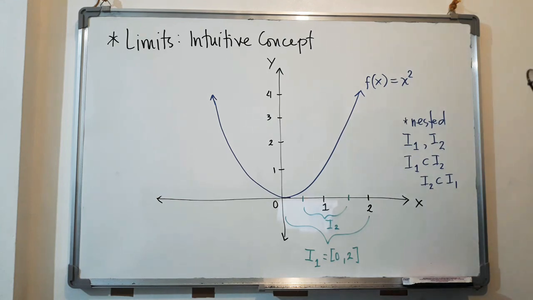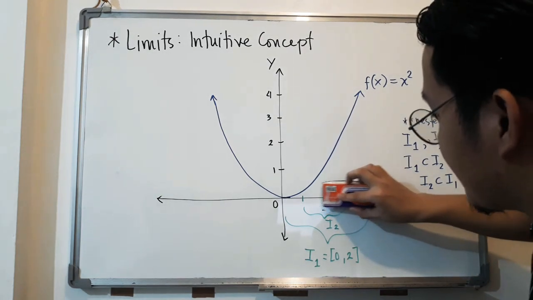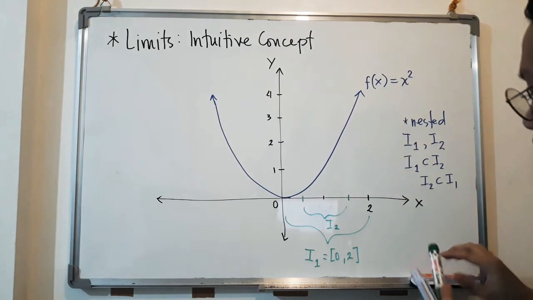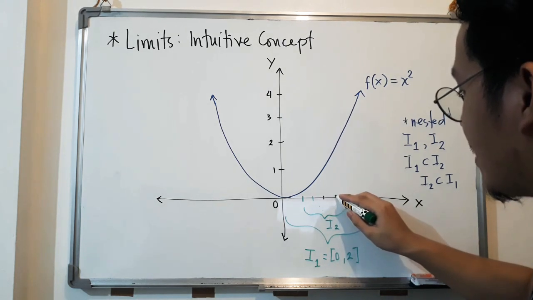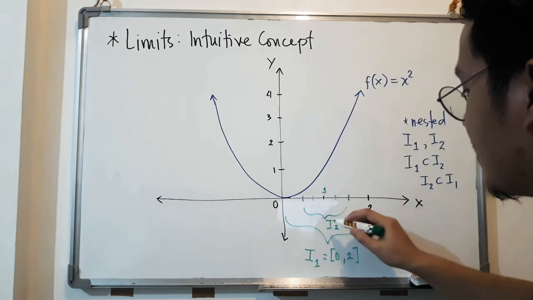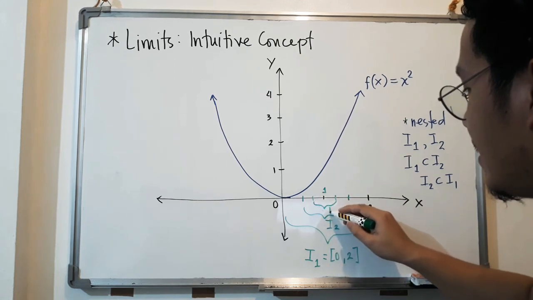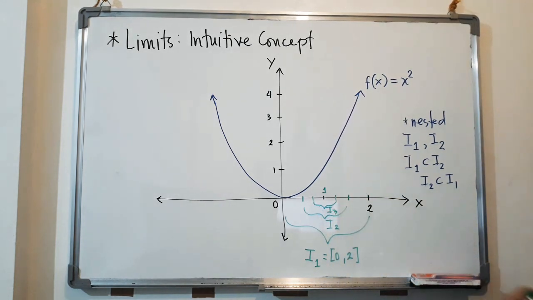Okay? And if we are to introduce another interval, we all know that this is A equals 1. Another nested interval centered at A equals 1. So say this is I sub 3. So I sub 3 and I sub 2 and I sub 1 are nested intervals.